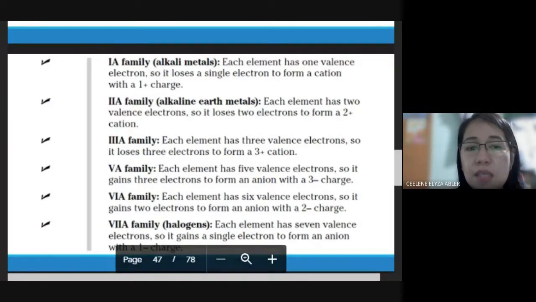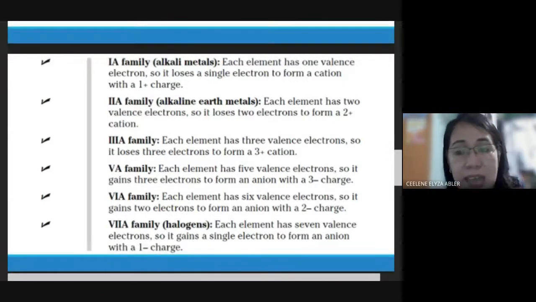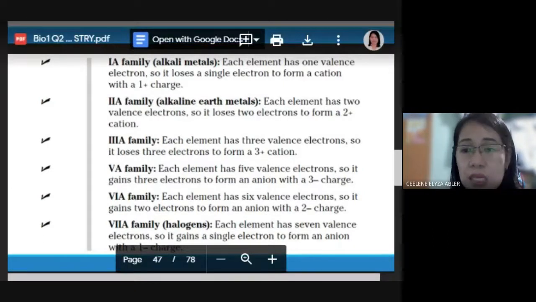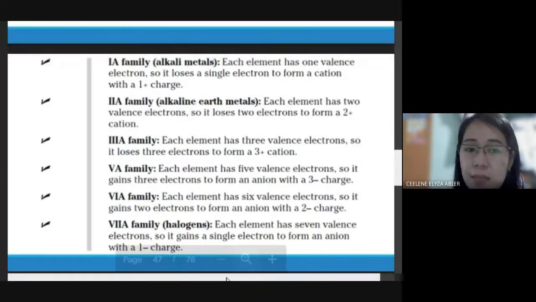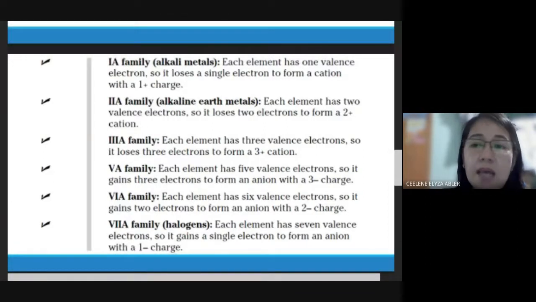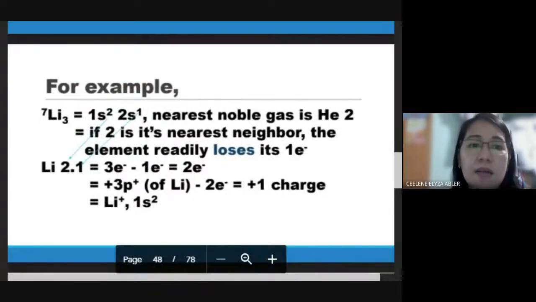They are the ones that will gain electrons and they become more negative. Tandaan ha? So we have here these groups and these are the elements na needed natin to study in biology. Dito tayo kumukuha ng mga elements to form our compounds sa biology. Alright? So let's have an example for this one.